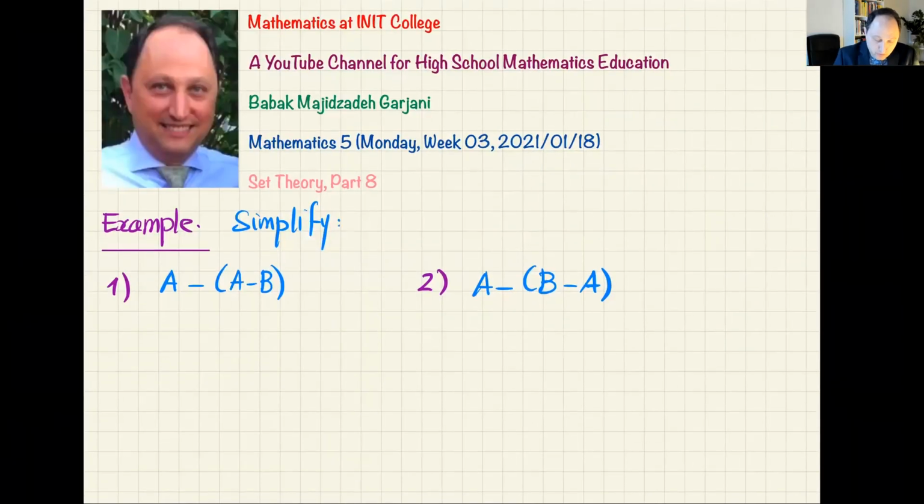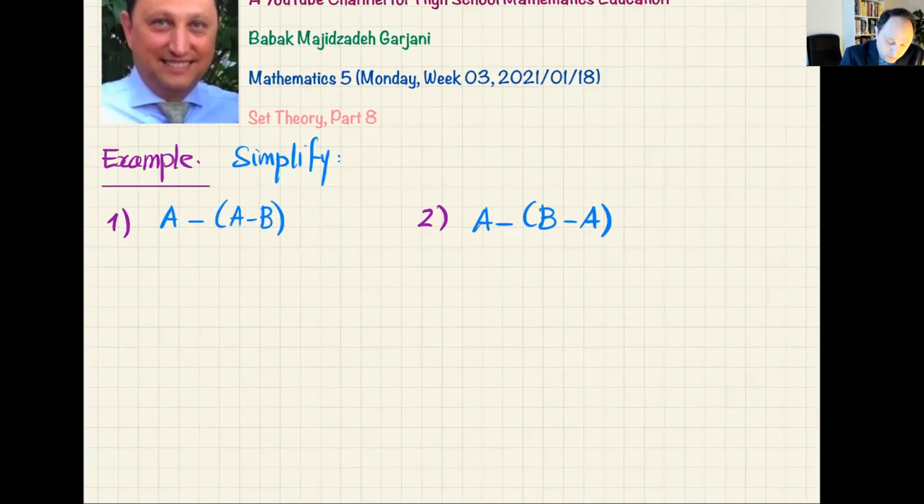But if I want to do it rigorously, what should I do? I would say, number 1, there are 2 subtractions that I need to take care of. So let me just start with the one in the pair of brackets because it is prioritized over the other subtraction. I will write A minus, this is the copy paste part, and then instead of A minus B, I write A intersection B complement.